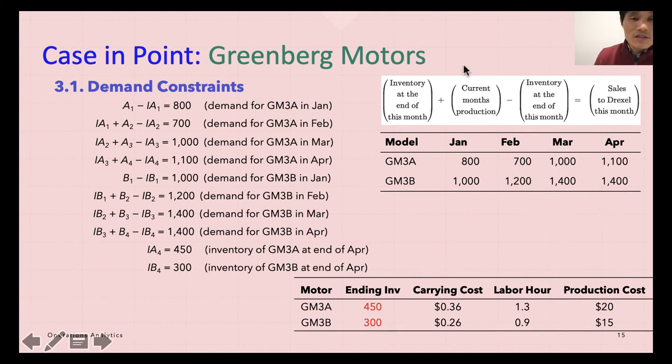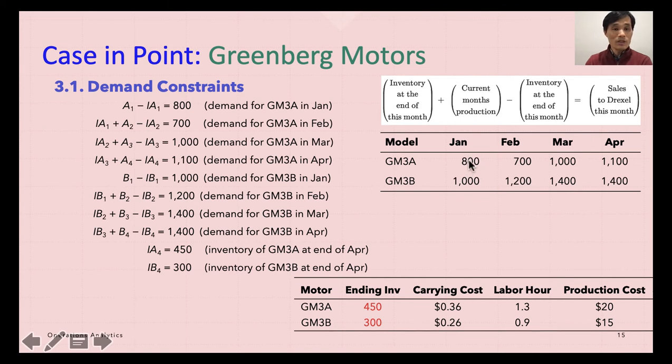And look at this relationship here. Sales to Drexel this month is actually the inventory at the end of the previous month plus current month production minus inventory at the end of this month. If you use this relationship, then you can define the relationship between the existing inventory, current production, and the sales to Drexel this month.